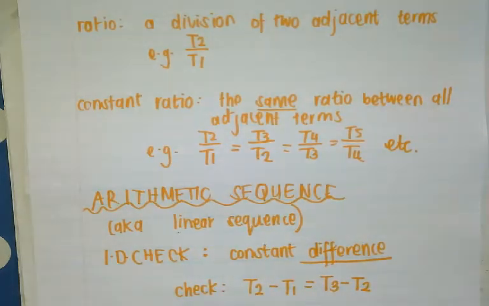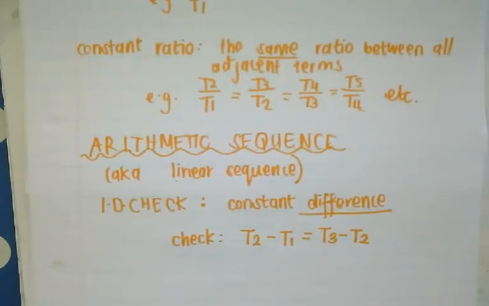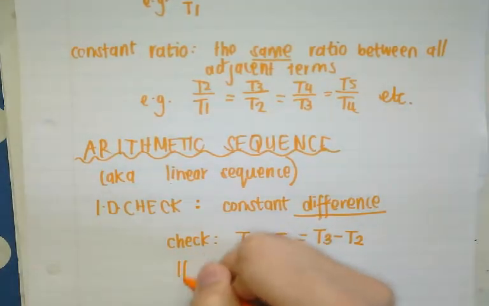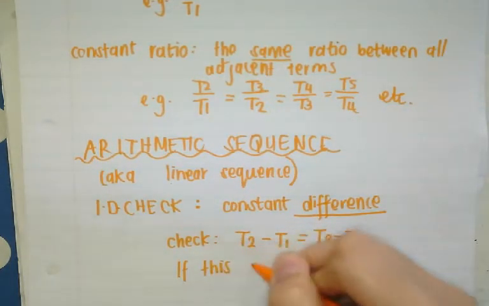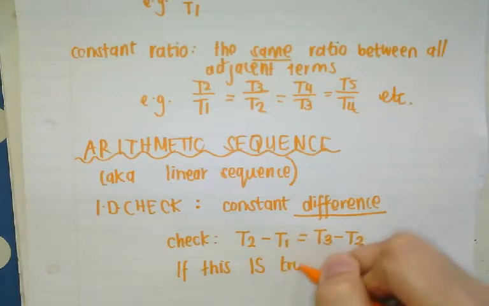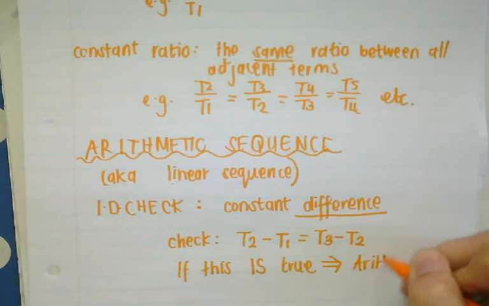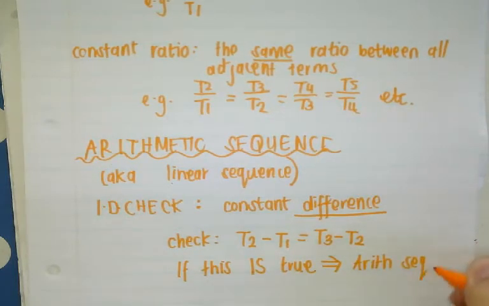If it is true, then it is an arithmetic sequence. And you have just found D.